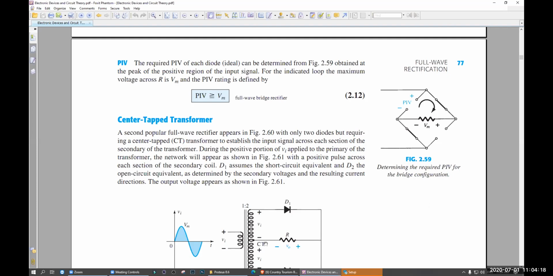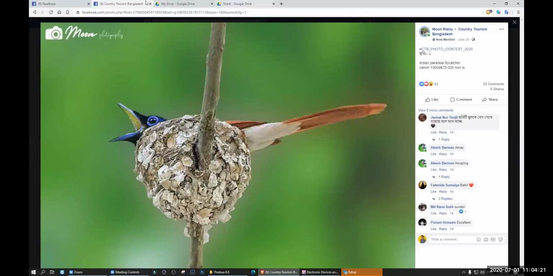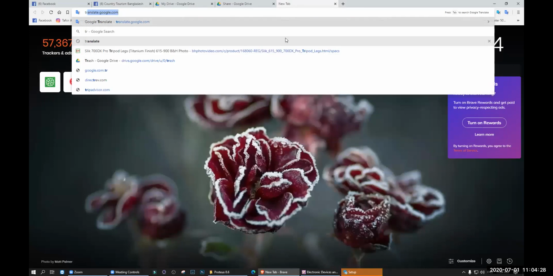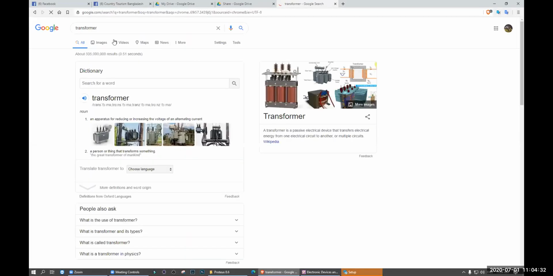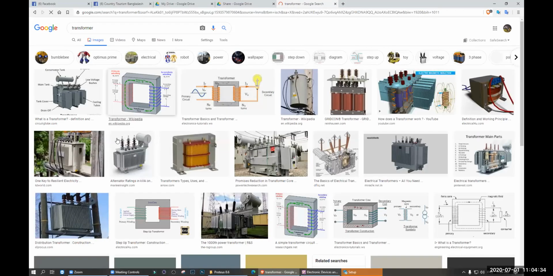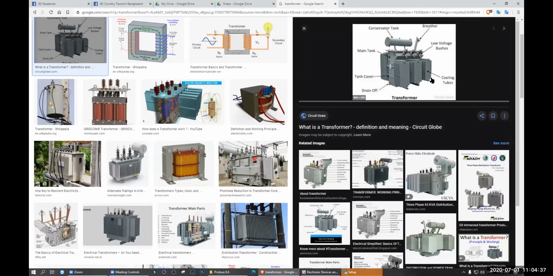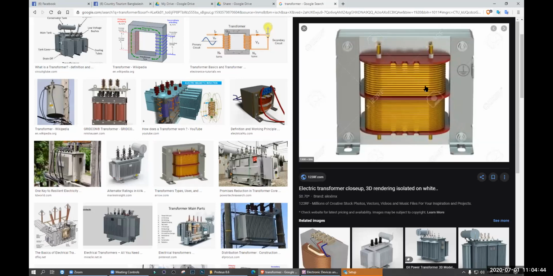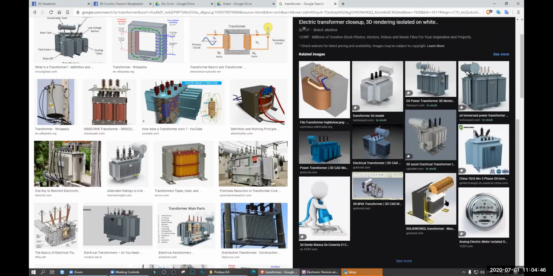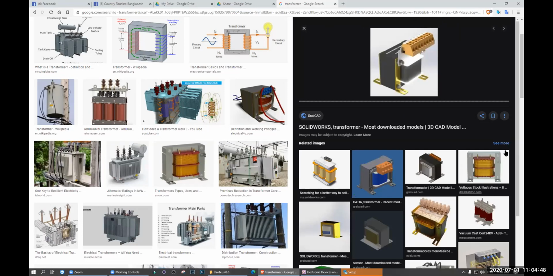Okay, let me show you some pictures. These are actually transformers. These are the big transformers, and you do not have to study this. These are only small transformers, very small. These are present in your electronic devices, your computer, your mobile phone chargers, everywhere.